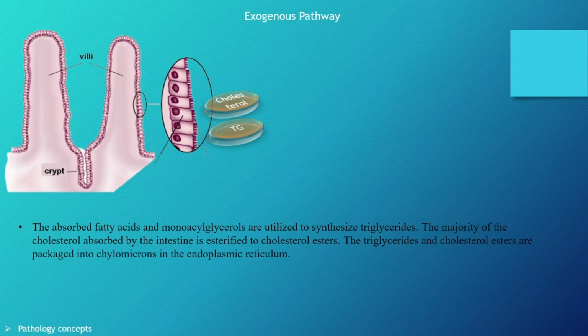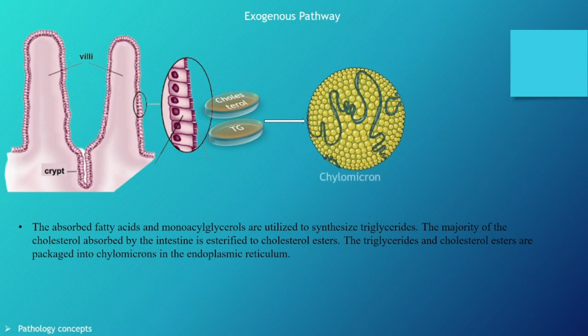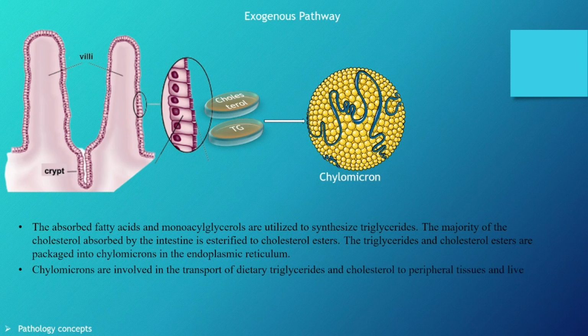These triglycerides and cholesterol esters are packed into the chylomicrons in the endoplasmic reticulum. So this is how chylomicron is formed. The chylomicrons are involved in the transport of dietary triglycerides and cholesterol to peripheral tissues and liver.